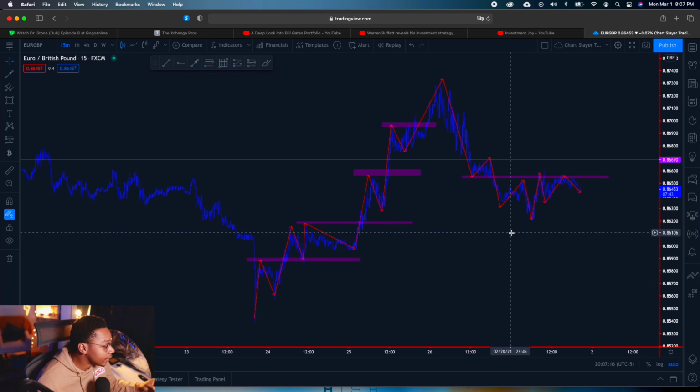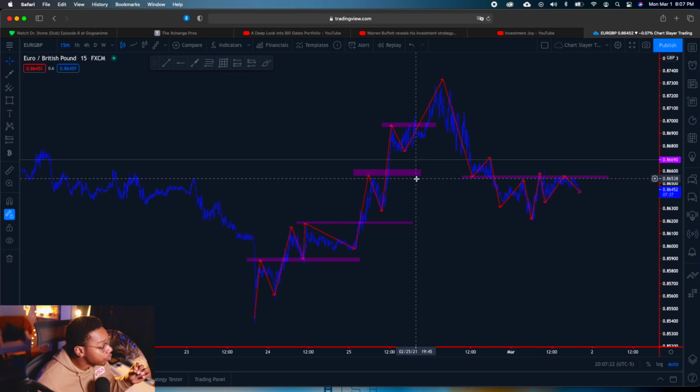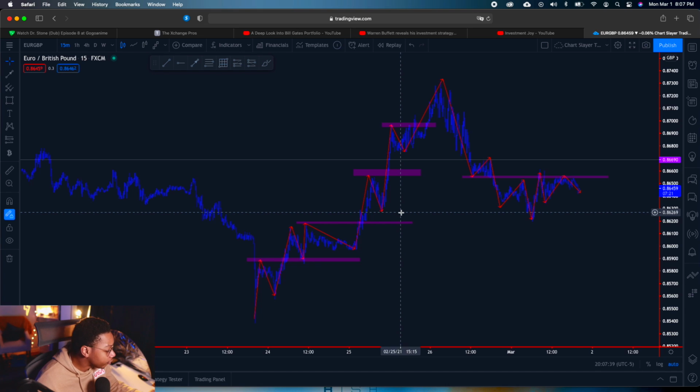Once you understand that, it's a lot simpler, though it's not as simple as you think when it comes to break and retest. But when you understand lower time frame support and resistance levels aren't as significant because levels aren't reacted to as heavily. Higher time frames are the levels that are reacted to way more than the lower time frames. So that's the difference between a higher time frame and a lower time frame.